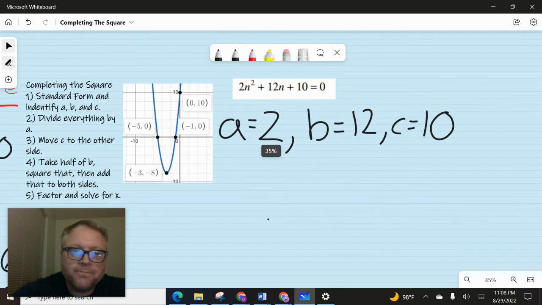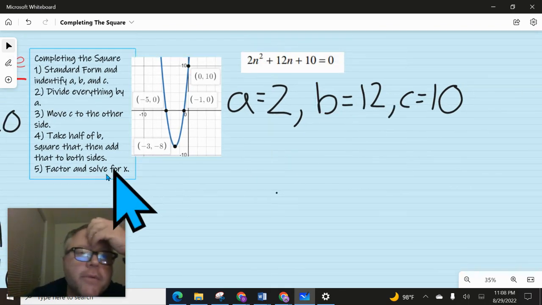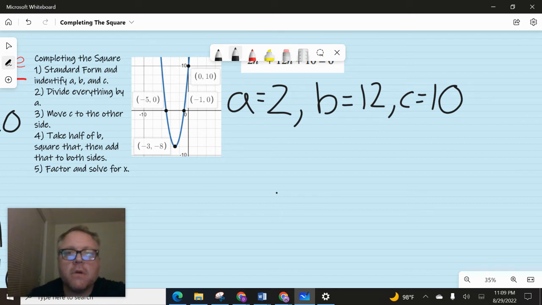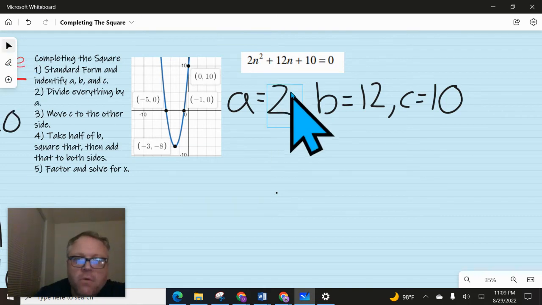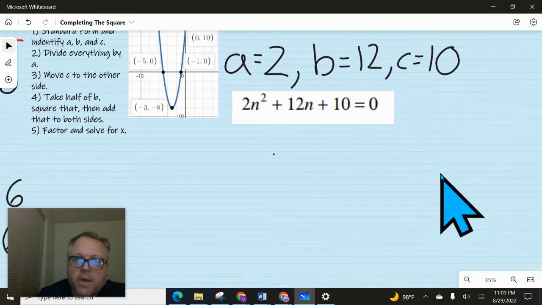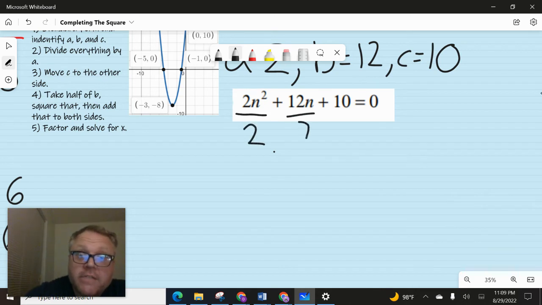Okay, so we do need the leading coefficient to be positive 1, to be more accurate. So I'm going to divide everything by 2. Let's go back to our original and divide everything by a. All of these terms, and technically even the 0 gets divided by 2 as well.